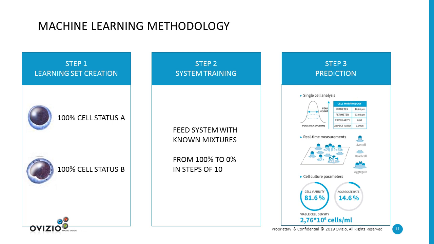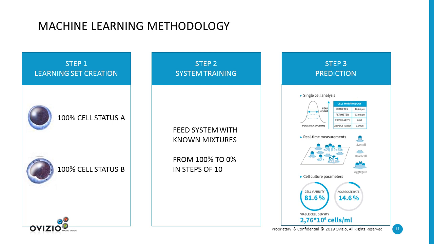And that population can be a population of viable cells, it can be a population of dying cells, it can be a population of infected or transduced cells, or it can be a population of uninfected or untransduced cells.